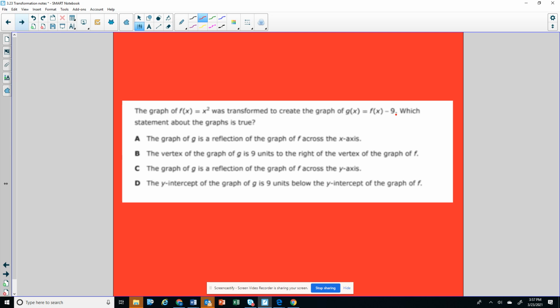Go ahead and pause the video and see which one you think is the correct one. Now, if you say D, that is correct. The y-intercept of the graph is 9 units below. You've got to shift it down.